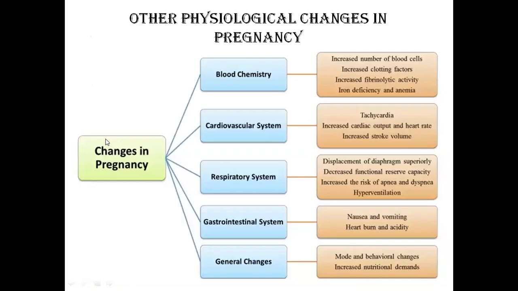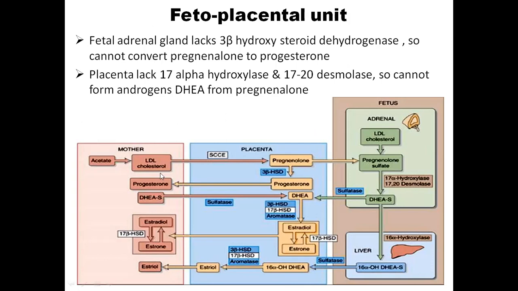So if you see here, the LDL cholesterol goes into the placenta from the maternal side, but enough LDL cholesterol for such huge hormone synthesis is not available. It has to come from the fetal adrenal.